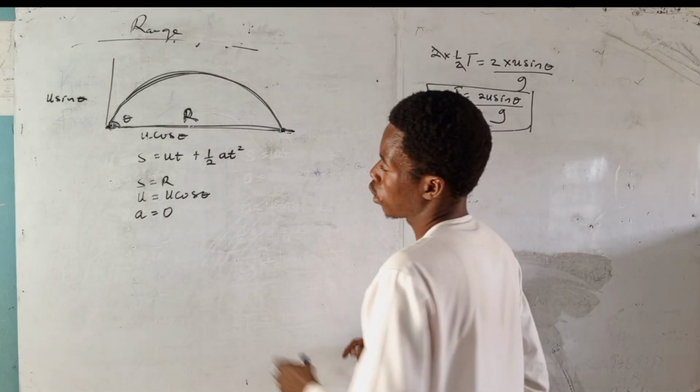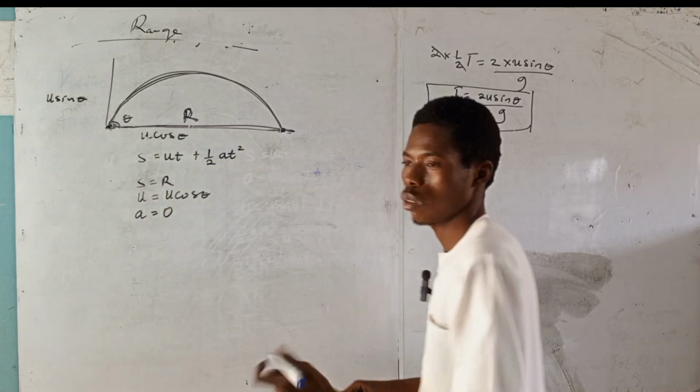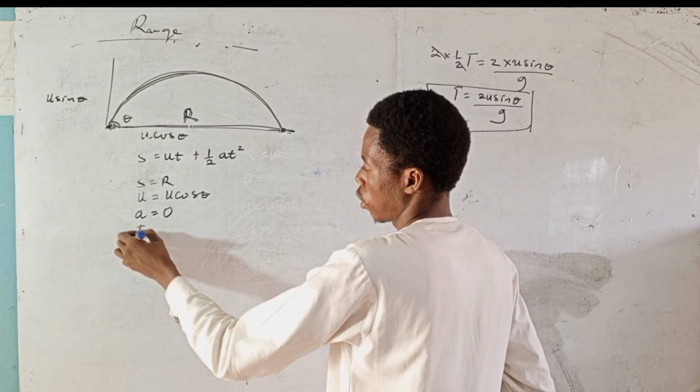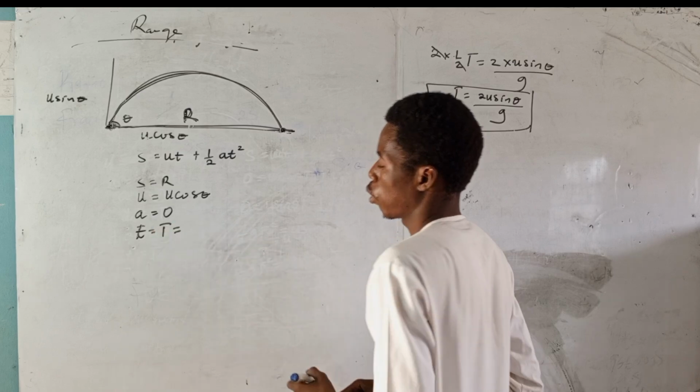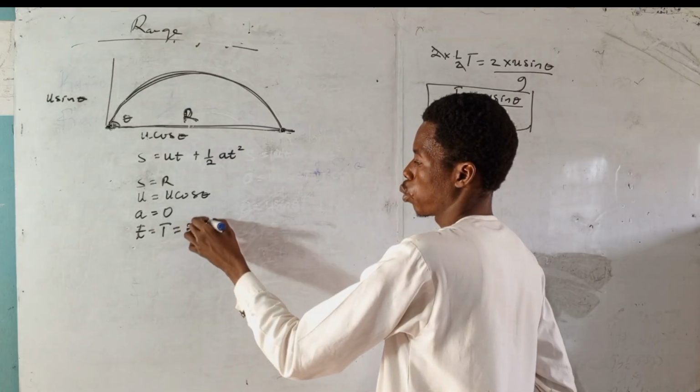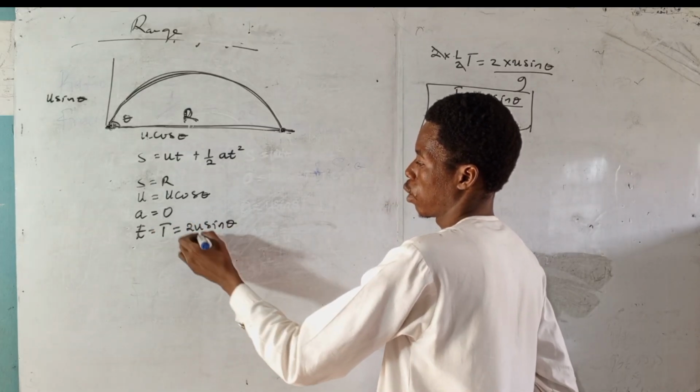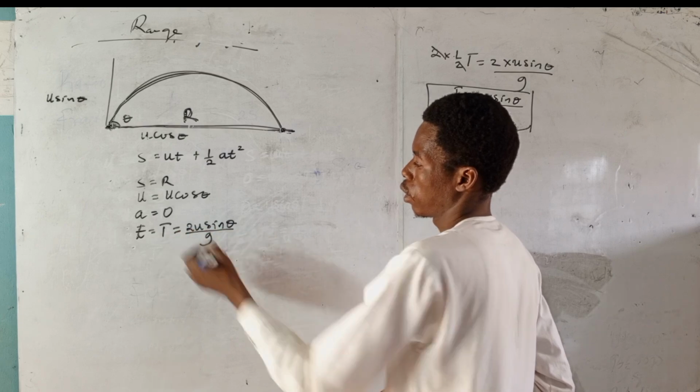So let's substitute this back into this equation, and also t equals capital T, the time of flight, and time of flight is equal to 2u sine theta divided by g.